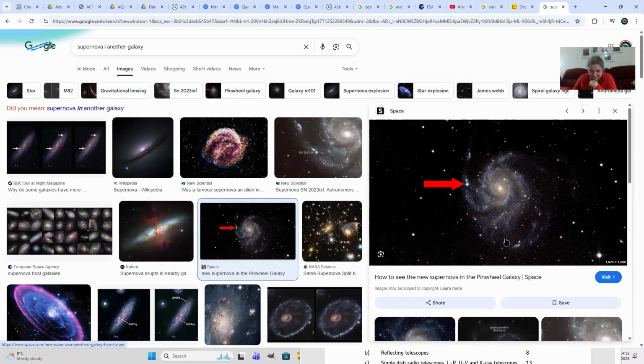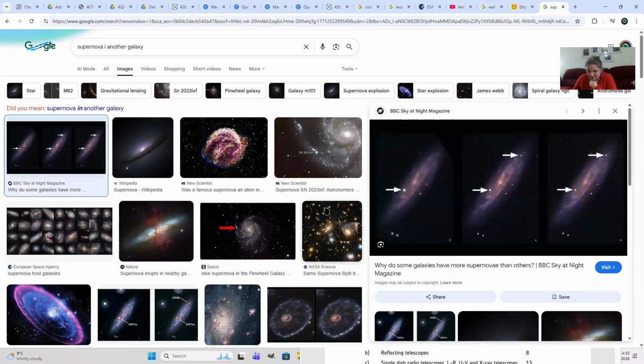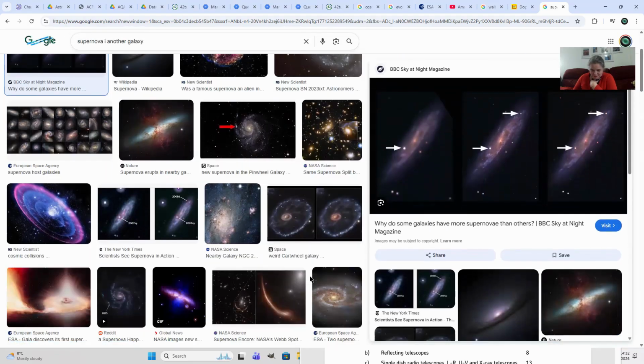It's unreal how bright these things are. There is a supernova. I think we've got another one, a second one. Can you see it on the other side of the same galaxy? It's so interesting, isn't it?